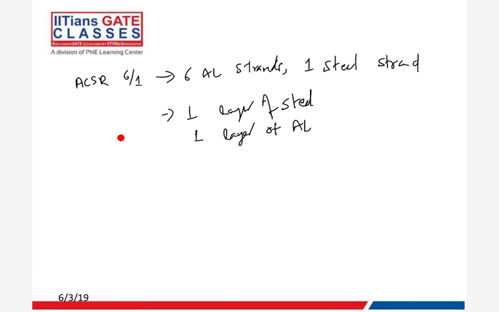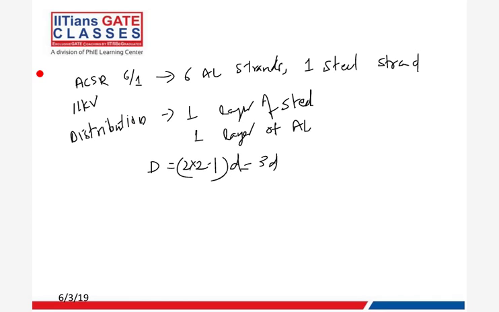That means 2 layers. So effective D would be (2 into 2 minus 1) D. That would be 3D, right? And ACSR 6 by 1 is actually used for 11 kV distribution, right? Okay, this is the first one.